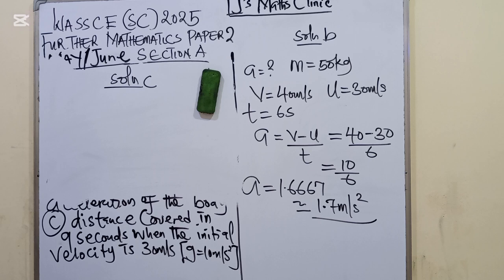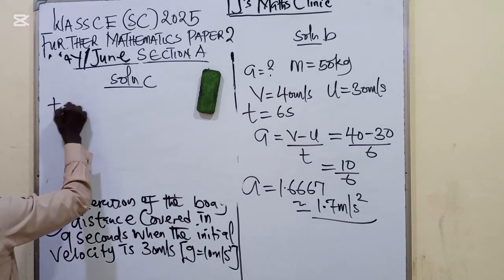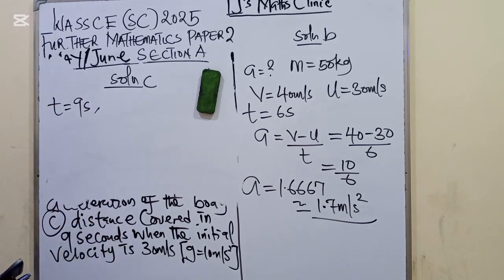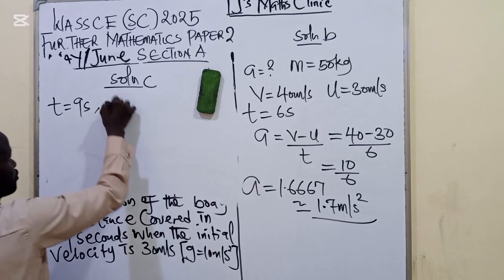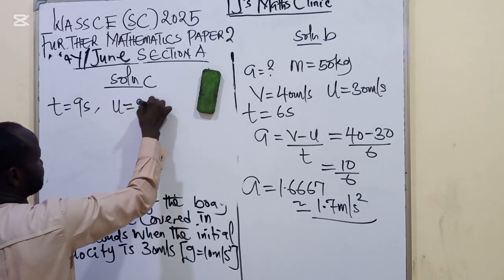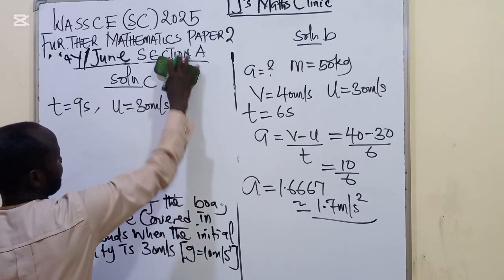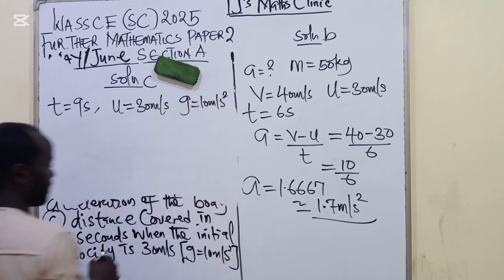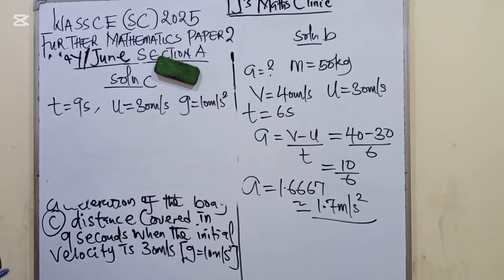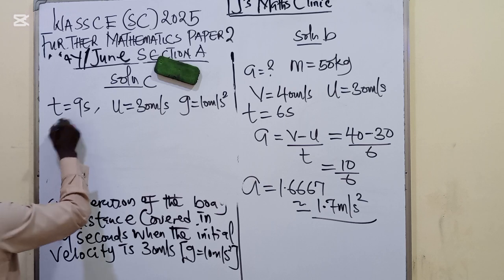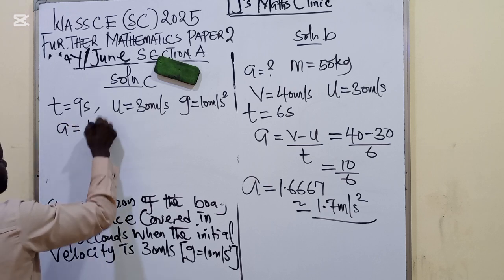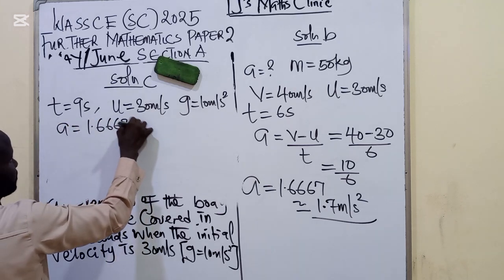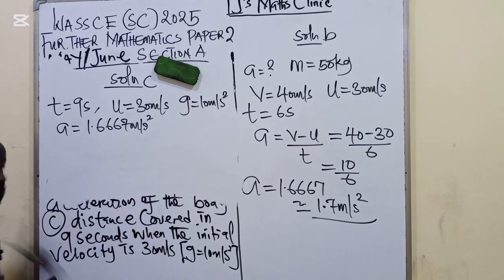The distance covered in 9 seconds, time t is 9 seconds, when the initial velocity u is 30 meter per second. Acceleration due to gravity is 10 meter per second squared. Then acceleration, we know our acceleration a as 1.666. Let me leave it to 4 decimal places. Very important because of premature approximation.